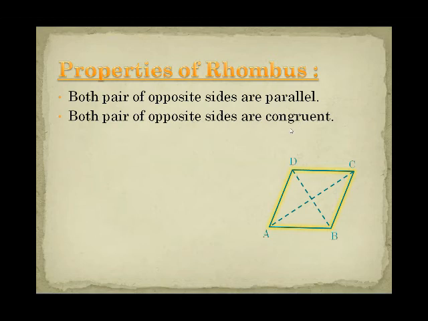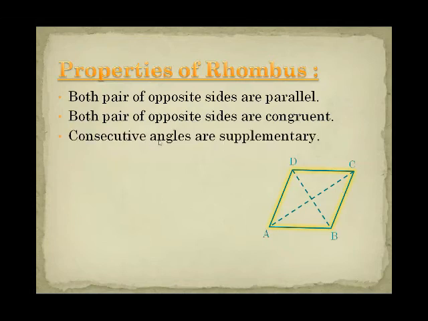Side AB and side CD are congruent, and side BC and side AD are also congruent.